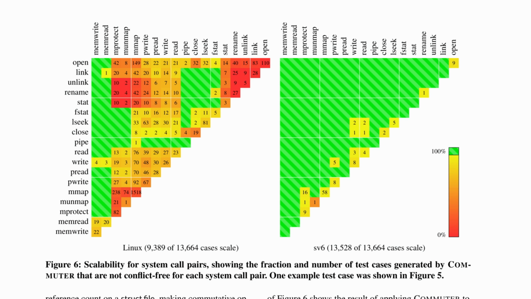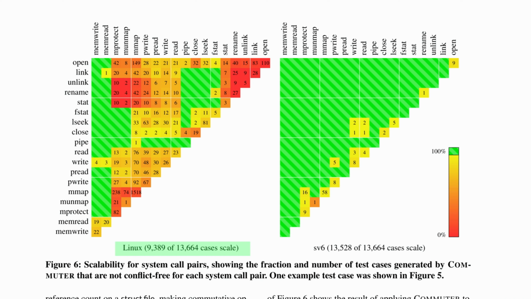And what they found was that only about 9,300 of those 13,500 test cases were able to scale. This shows how, even when in principle an API is able to scale across multiple cores, it's very easy for an implementation to unintentionally sneak in data dependencies that then end up becoming bottlenecks.